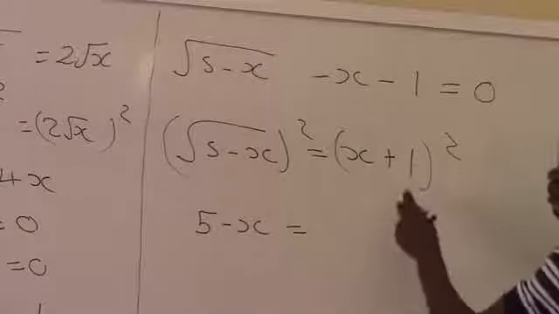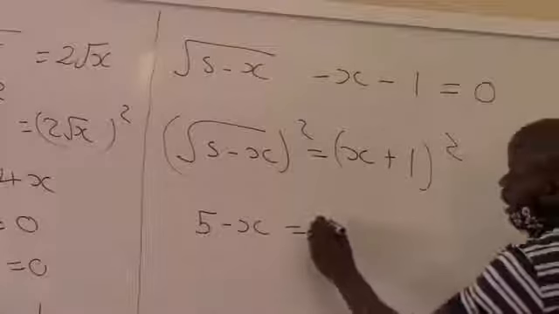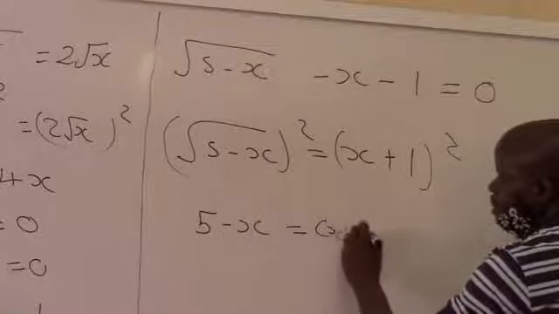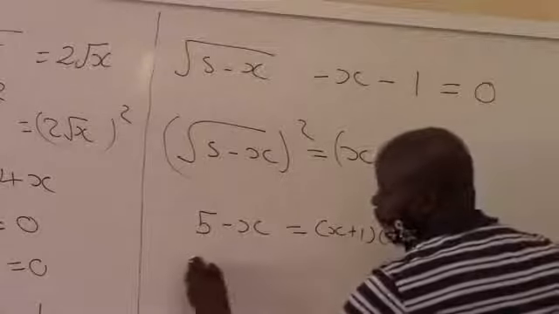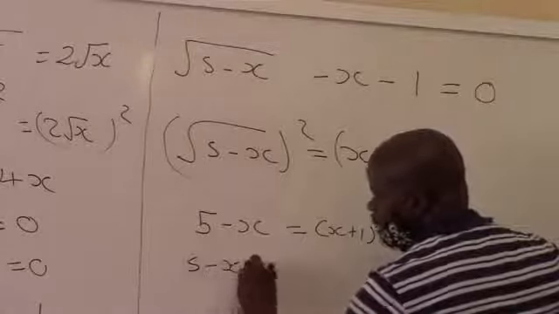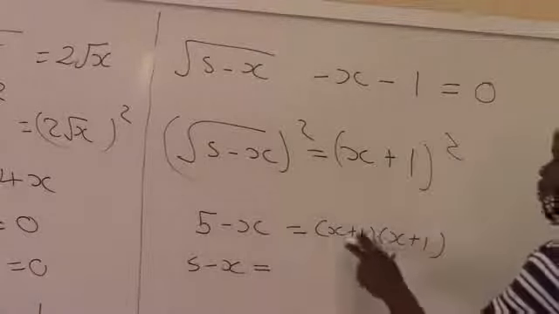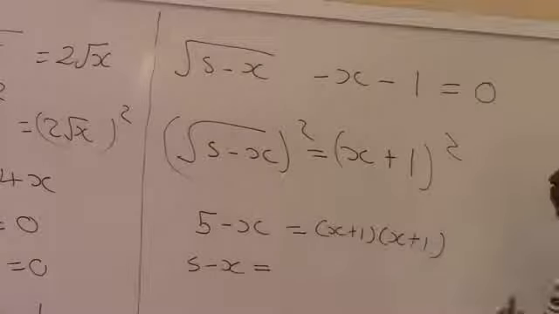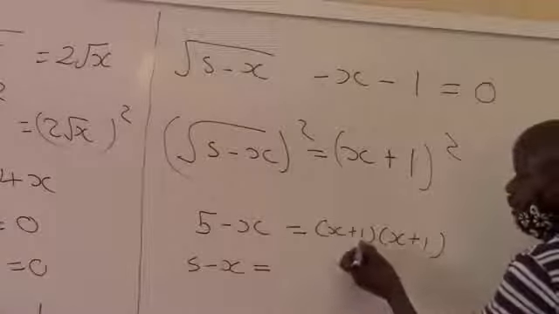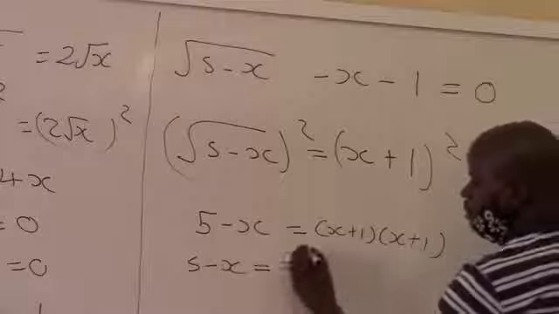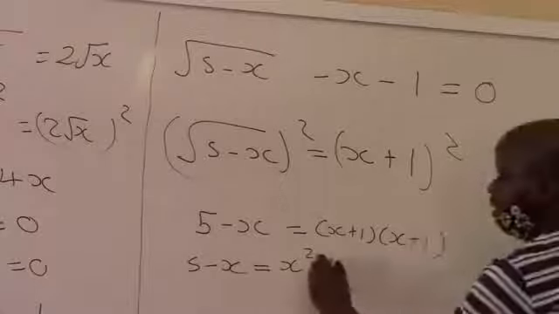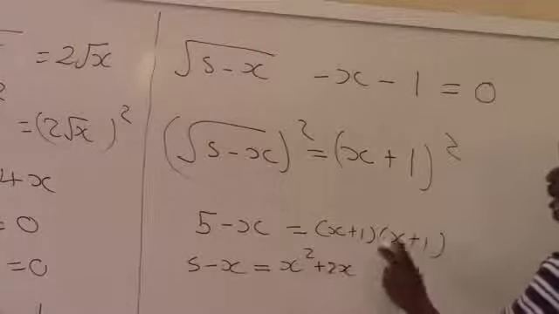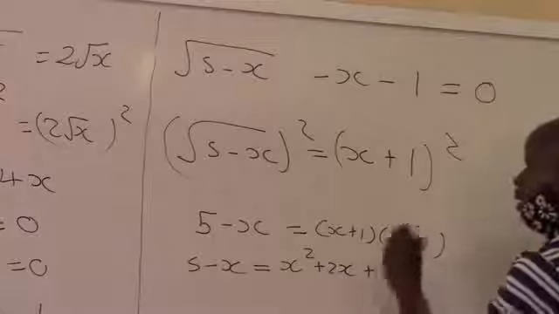Here we are still using the FOIL method. We have x times x, which is x squared. x times 1 is x. 1 times x is x. So x plus x is 2x, and then 1 times 1 is 1.